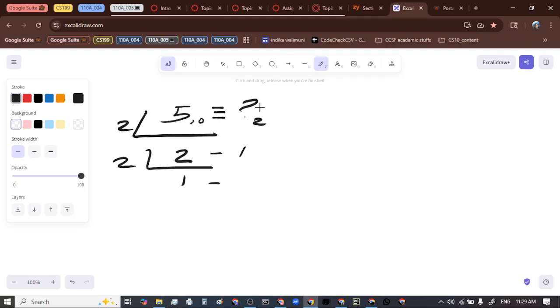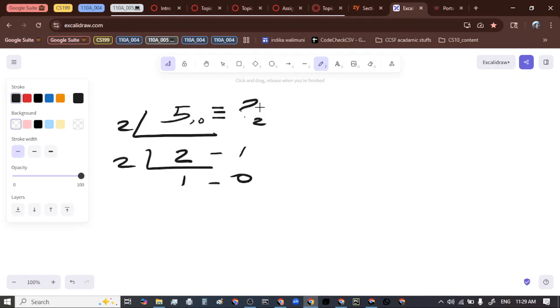So we have 2 here. When I divide 2 by 2 we get 1, and what's left? Nothing, and nothing means 0, right? So 0. We do this until we reach 0 at the bottom.